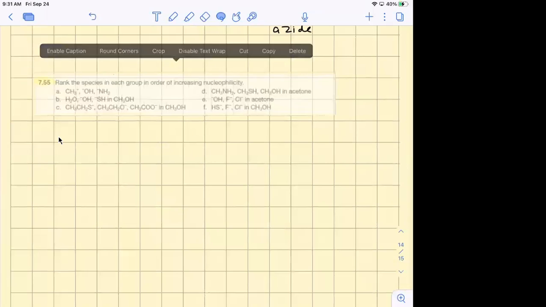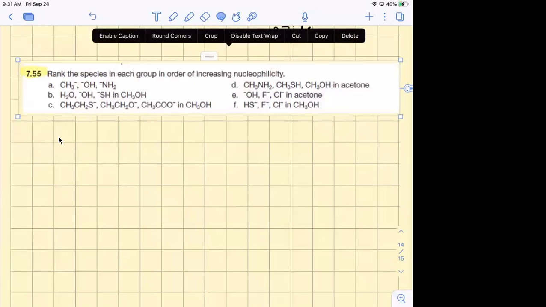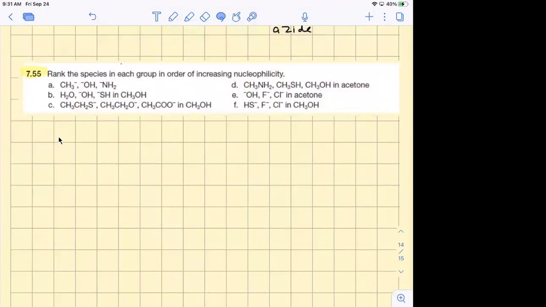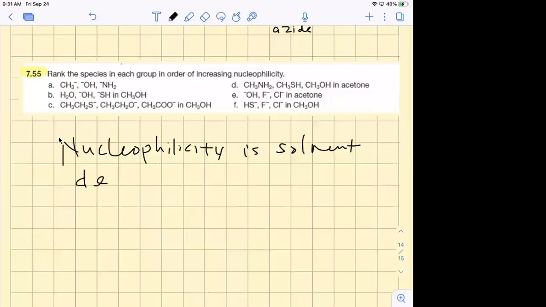Hopefully you watched it or you read the section, right? But there's some trends for nucleophilicity that we have to remember. And the trends are solvent dependent. So solvent dependent.